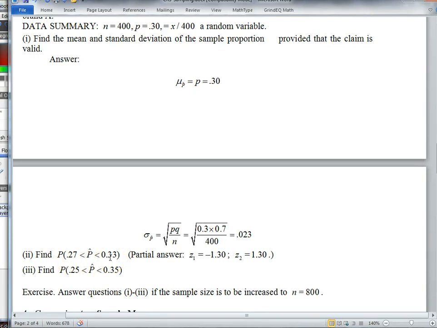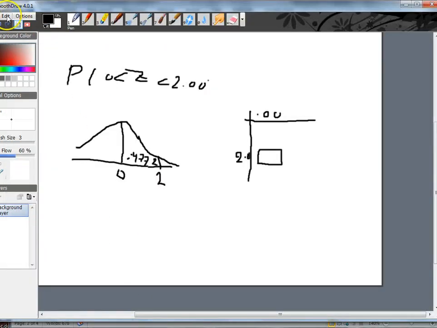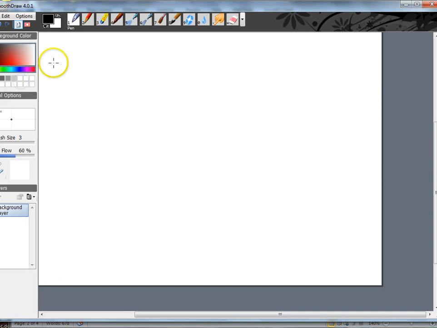So let me go back to my tablet, edit this, clear, and now what do we have? We have n equal to 400 and p is 0.3.